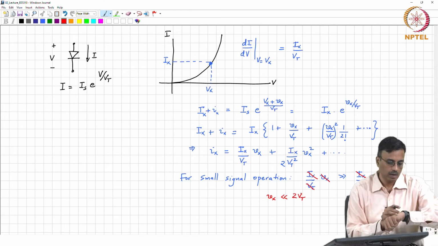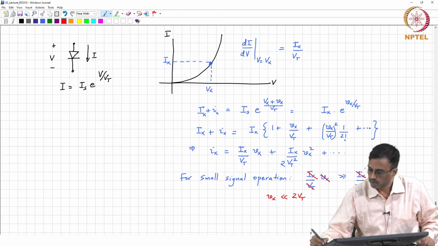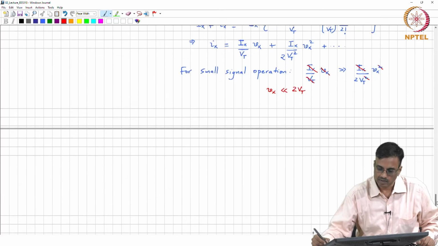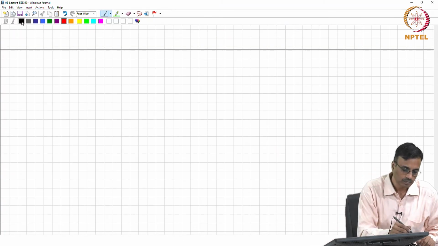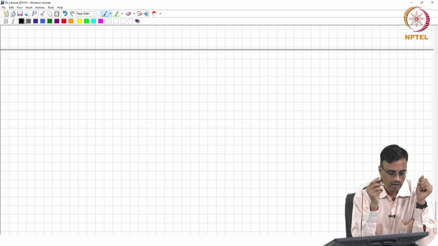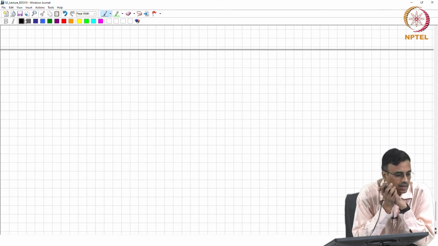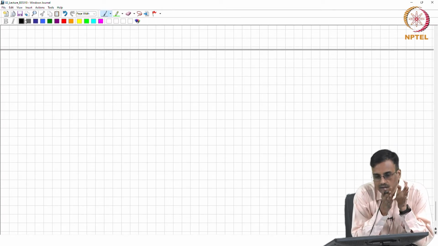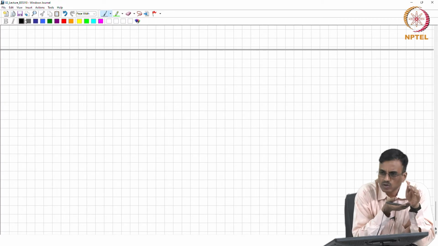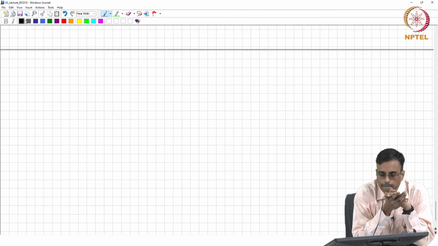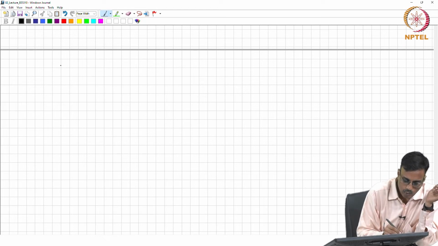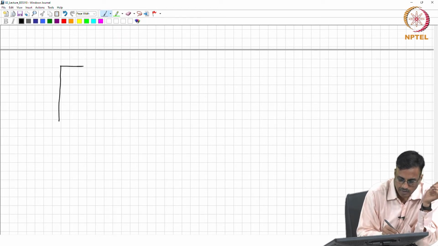Okay. The next element I would like to consider is the following. We already saw that the small signal equivalent of a voltage source, or equivalently a battery, is simply a short circuit. Now, let me ask you a question and lead you to the answer.